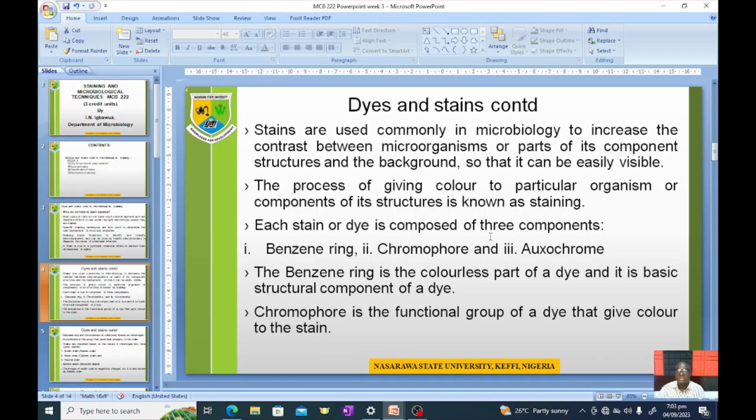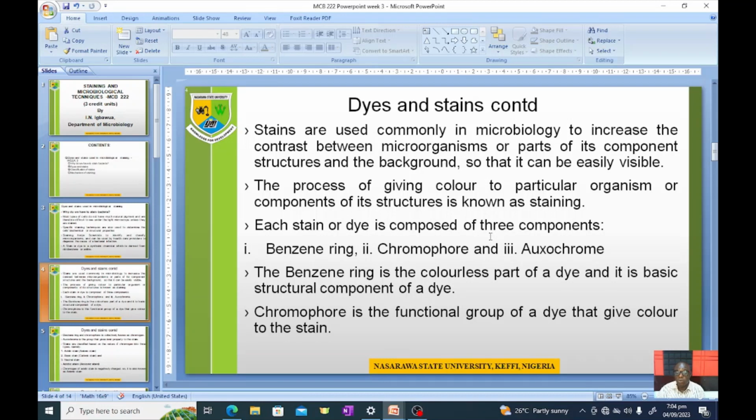I repeat, stains or dyes are composed of three components: a benzene ring, a chromophore, and an auxochrome. The benzene ring is the colorless part of the stain or the dye, and it is the basic structural component of the dye.